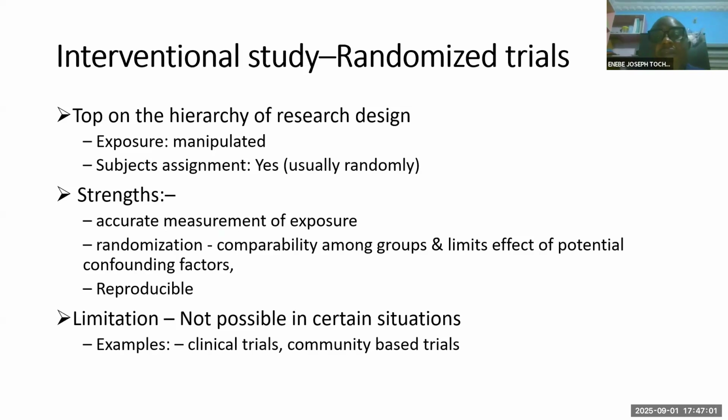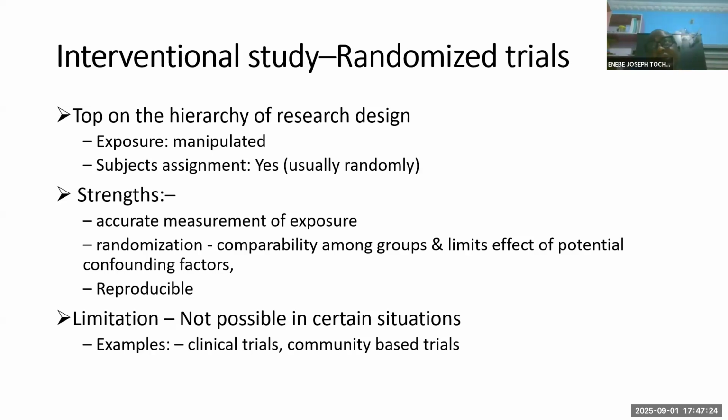Now, what are the strengths of this randomized control trial? Accurate measurement of the outcome. And randomization means that before you determine where somebody goes, it is not based on a quota system; there is good randomization, without knowing where somebody should belong. And then it's a reproducible result.